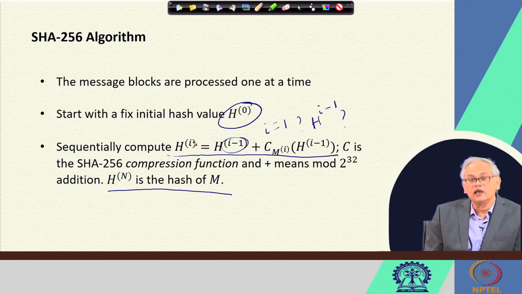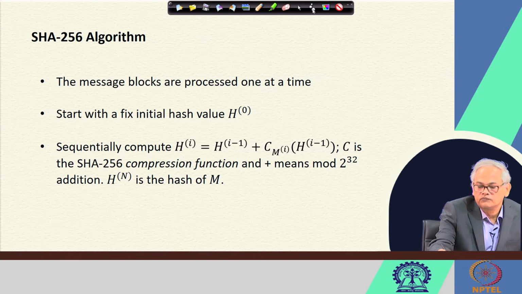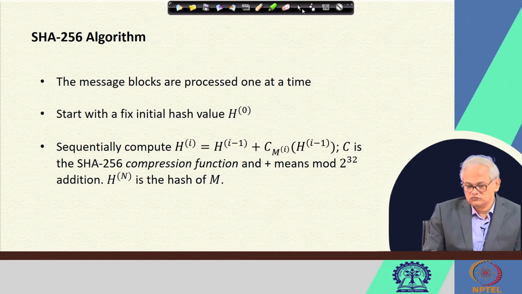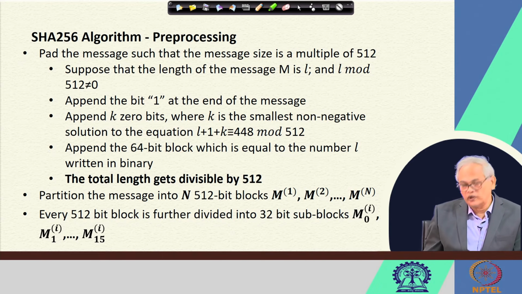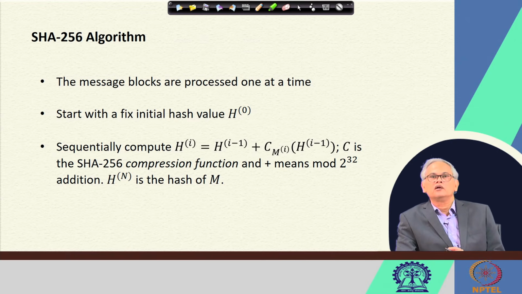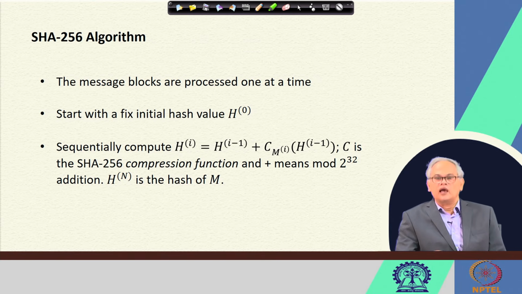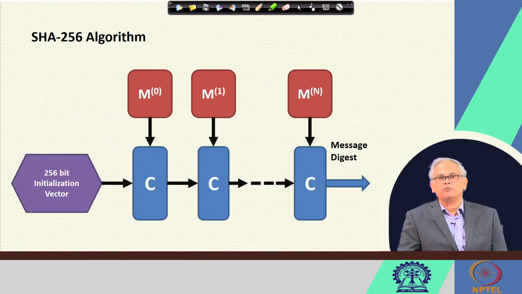Looking back at our example, n was the number of 512-bit blocks. So, by sequentially computing, we will get Hn, and that will be the hash value for the complete message which was given as input, that is M.